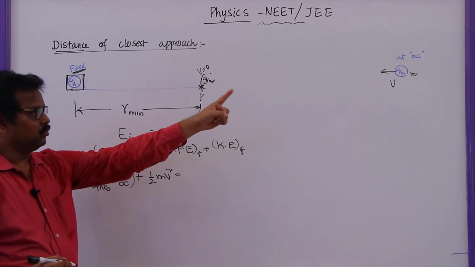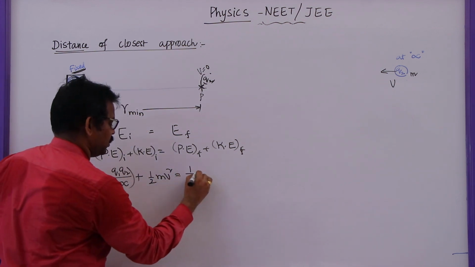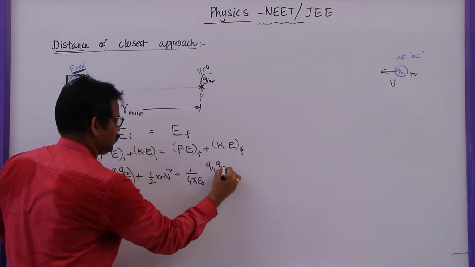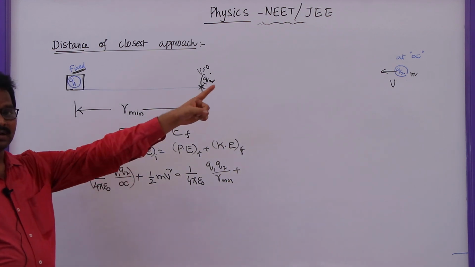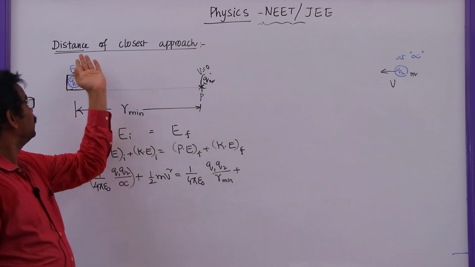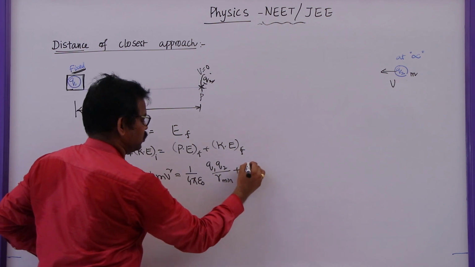And when the charged particle q2 reached this point, let the distance between these two be denoted with r min. We can write 1 by 4 pi epsilon naught q1 q2 by r min plus, when it comes to this point, that is the distance of closest approach, then the velocity will become 0.